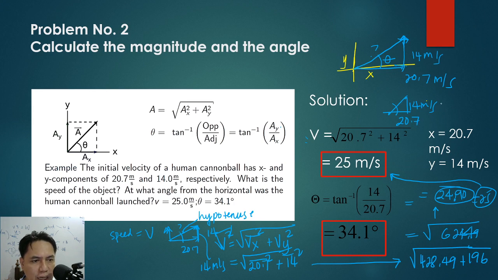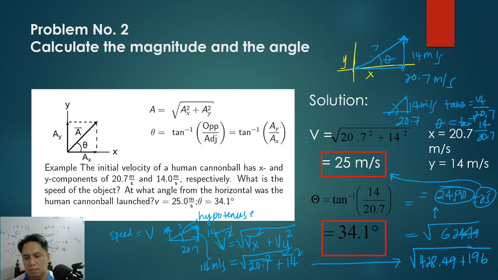What function can I use? That is tangent, right? Tangent theta is 14 over 20.7. And how do I get the theta? Theta is the inverse tangent, or arctangent, of 14 over 20.7.